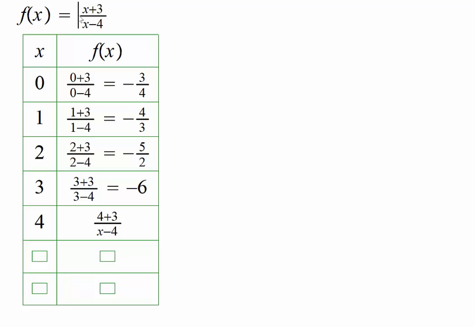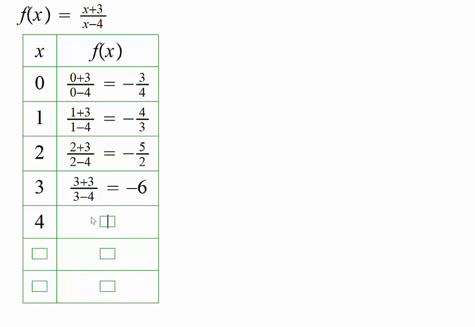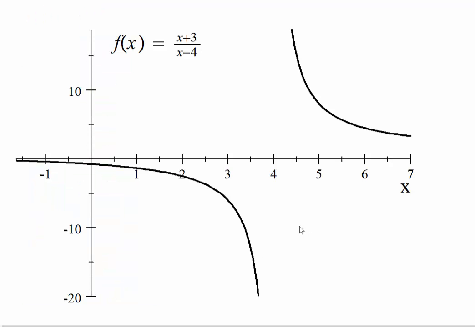So for this function, you will say that the domain is the set of all real numbers except 4, which is also verified by the graph of this function, where you can see that at 4 the function has a big break.